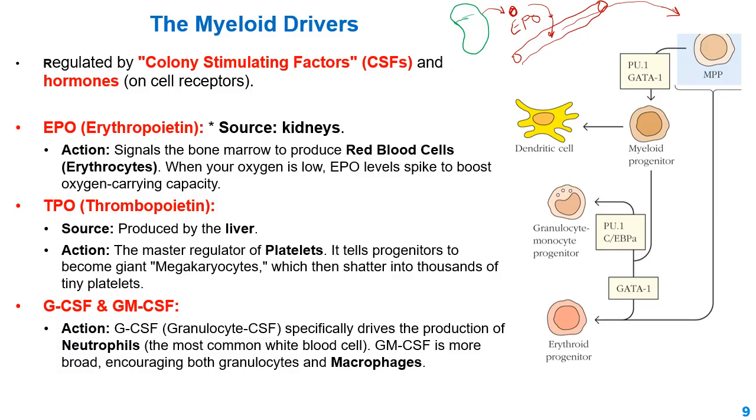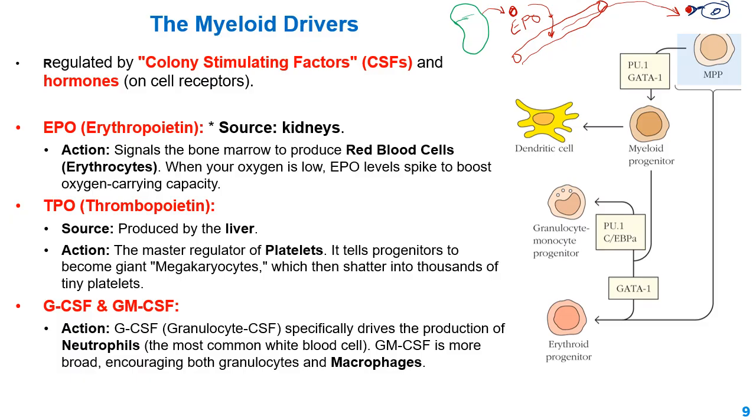What is a target cell? It is a cell that has a receptor for that hormone. Here you're going to get to your bone marrow, where you have this precursor cell that has a receptor that is going to bind your erythropoietin.